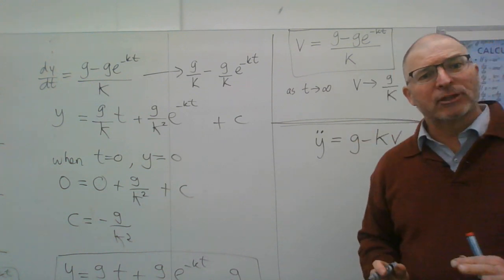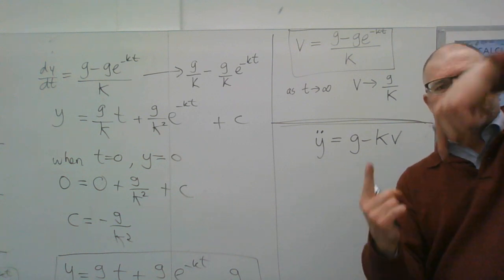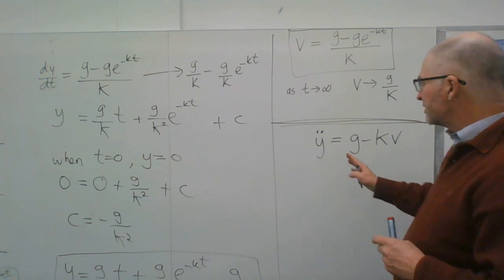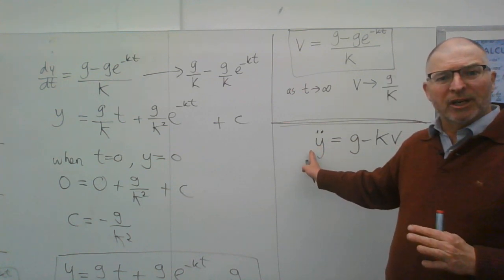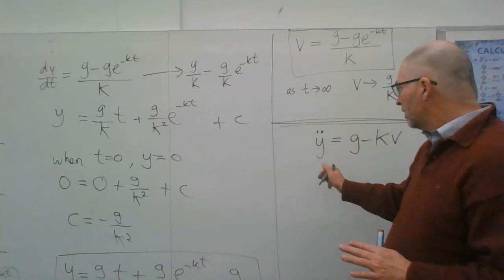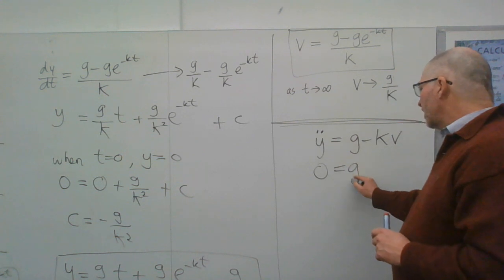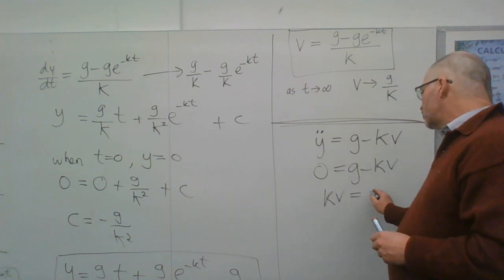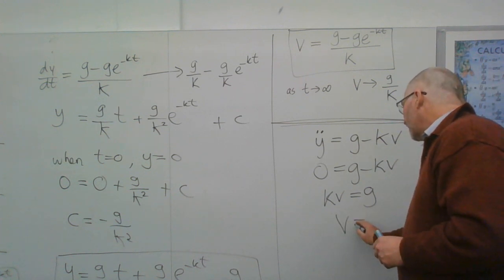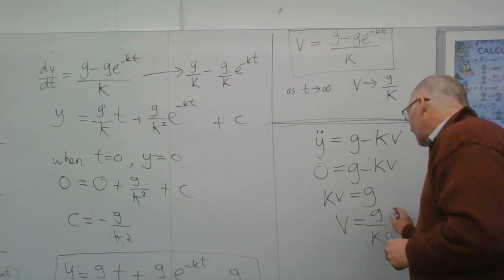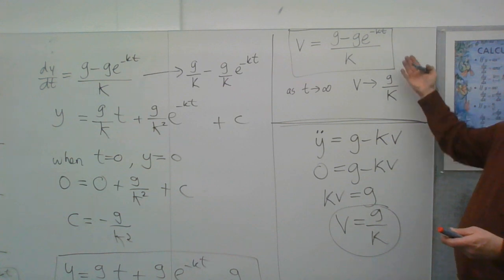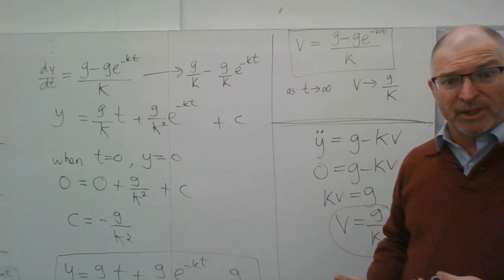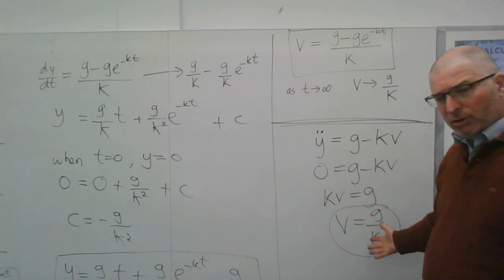But at terminal velocity there's no net force. It's all balanced, which means there's no acceleration on the particle. So 0 equals g minus kv, so kv equals g, so v equals g on k, which is what we found from the other equation.